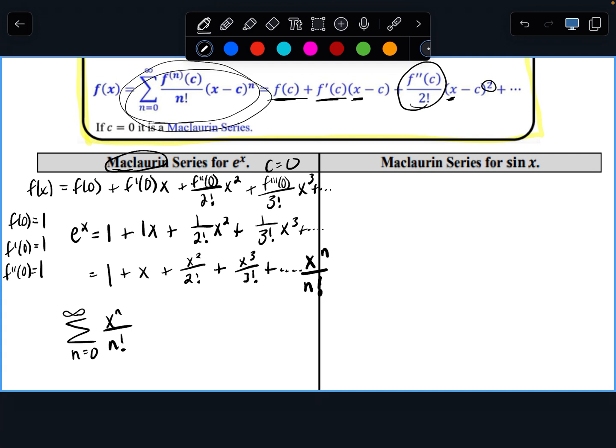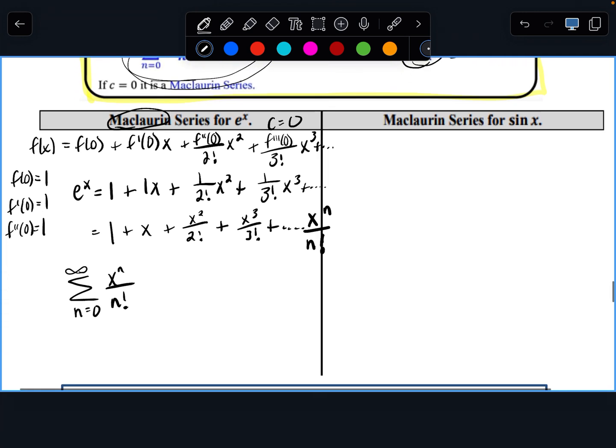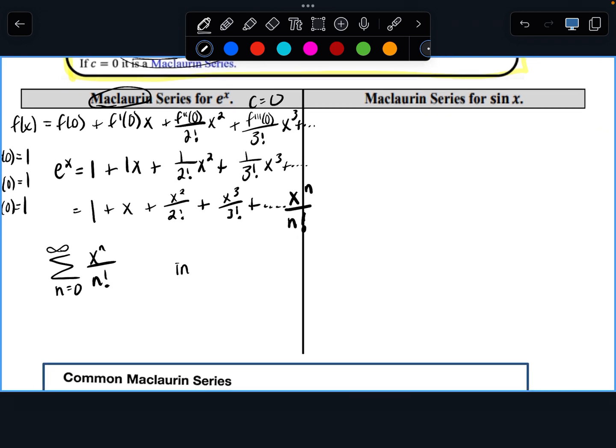If I did what we did yesterday, the full ratio test and interval of convergence, you might be able to predict what the limit would be. It would be 0. So my interval of convergence is from negative infinity to infinity.